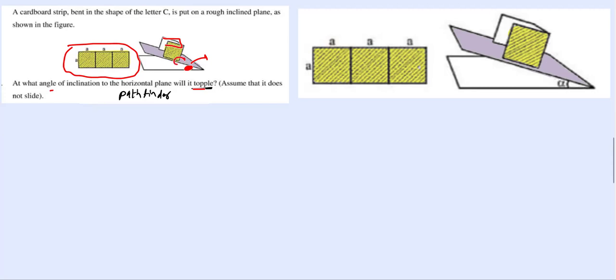I think the particular diagram is there. So let's assume the mass of the sheet is 3m. This is that sheet. It is bent, and this is the rough inclined plane.